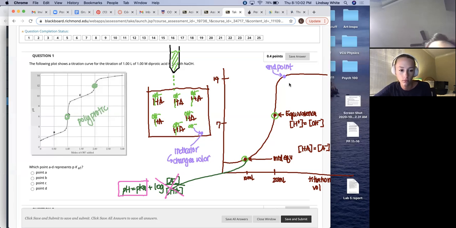All right, so which point, A through D, represents the pKa of A? Is it B? Yeah. Okay.